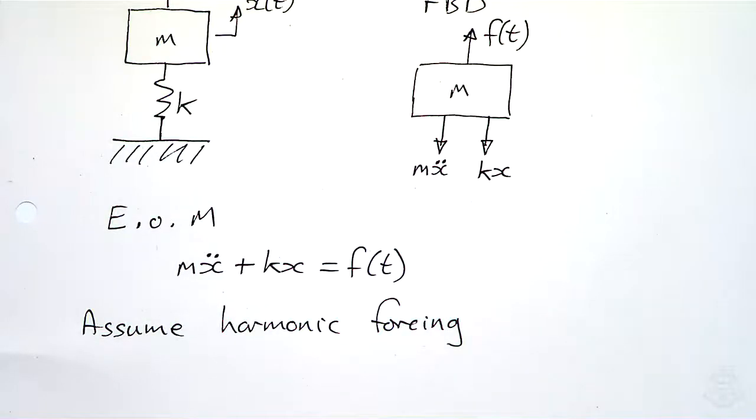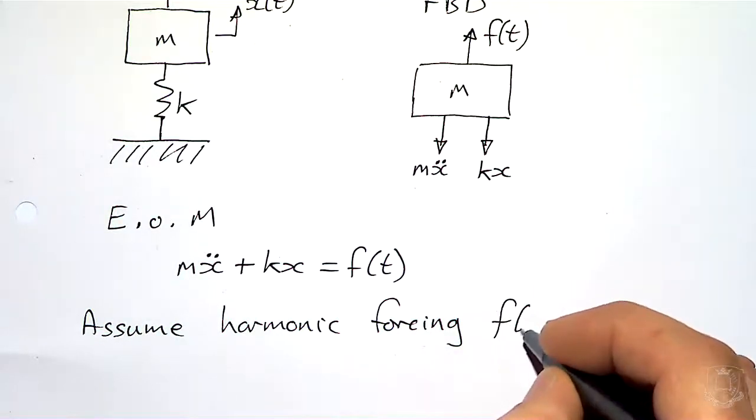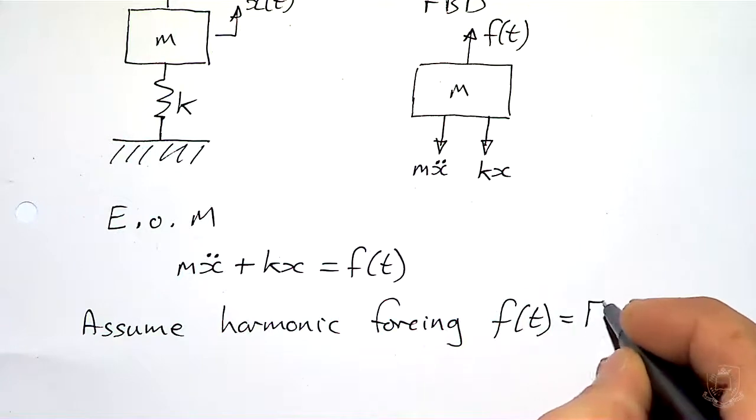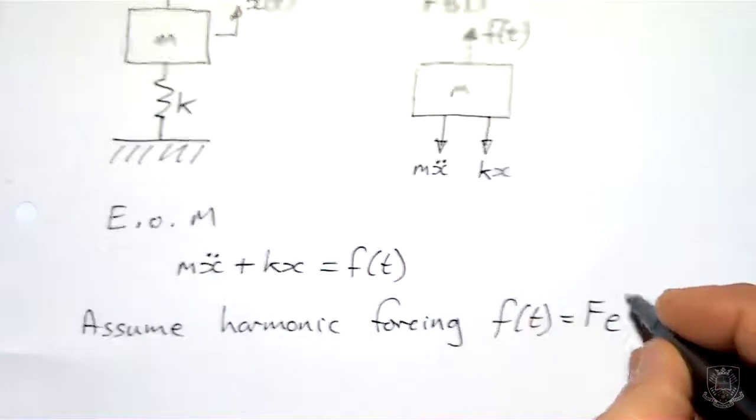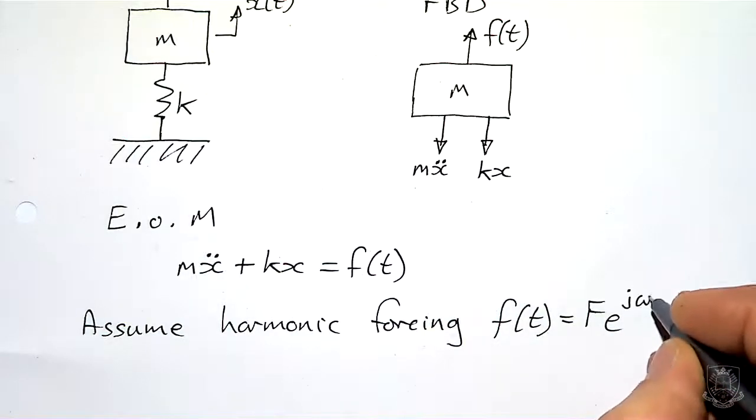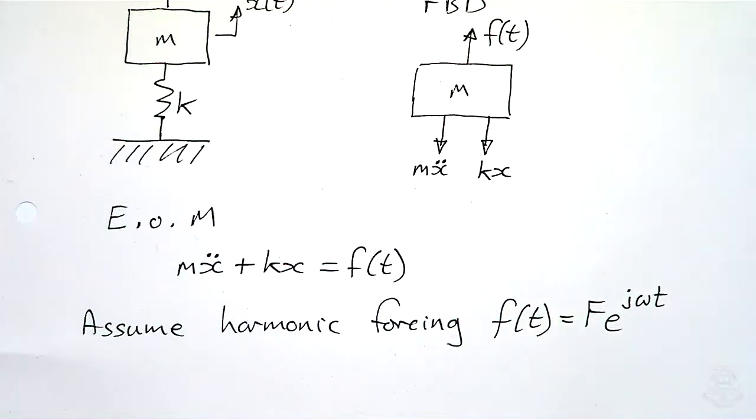If we assume a harmonic forcing, we're taking for now that F of t is equal to some constant F times e to the j omega t, where we're using the exponential again as a way of introducing sine waves, just like we did previously. So this is the shaking or the forcing of the mass.